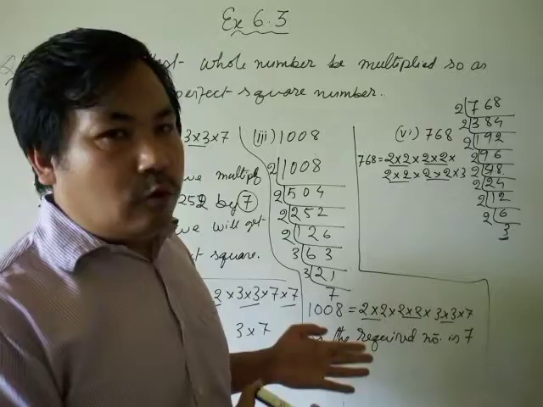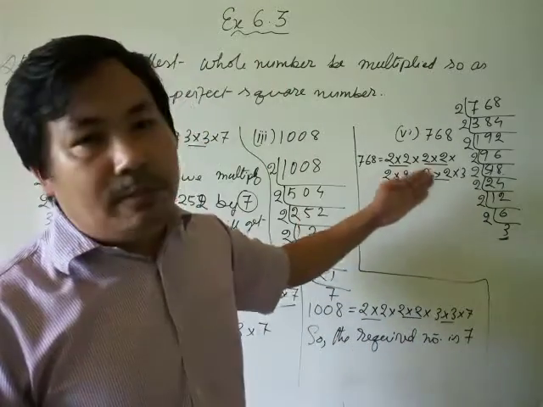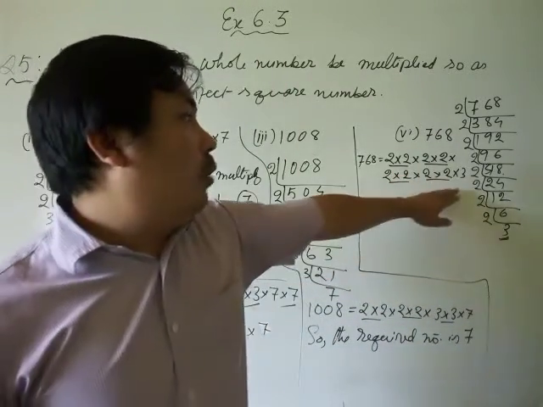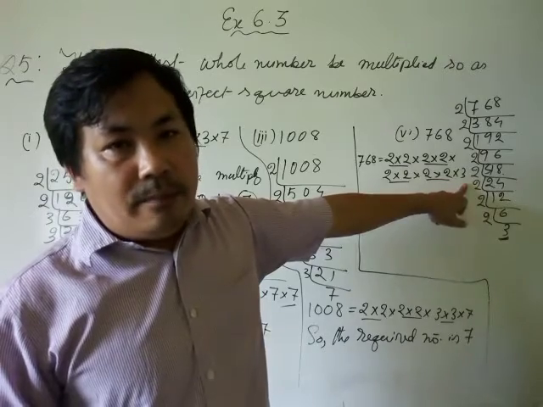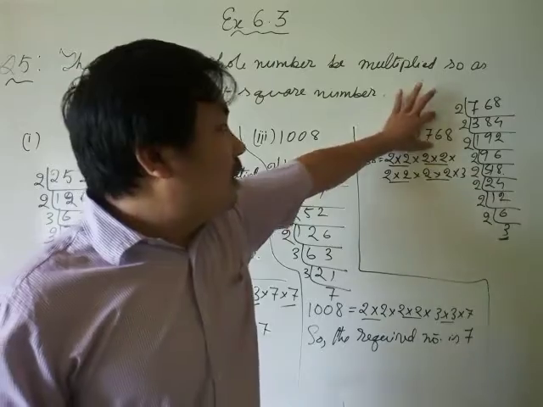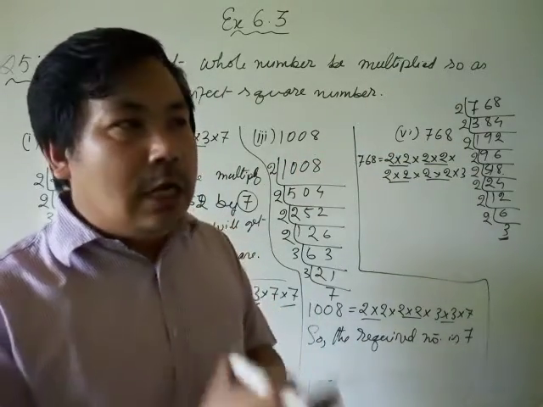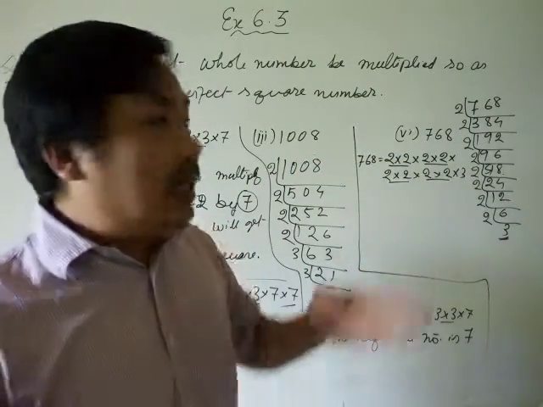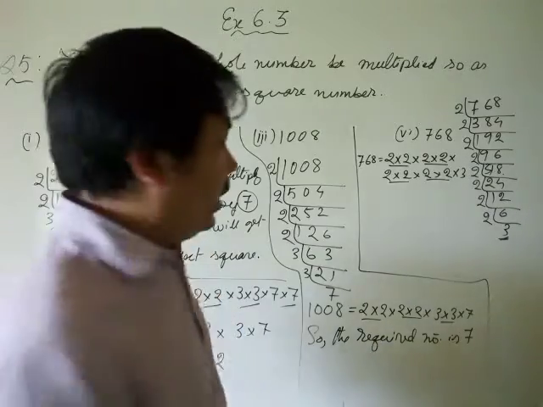So to make a perfect square, we need to multiply this 3 again, one more 3, so that we get a pair of 3s and we get the perfect square, isn't it? So the required number to multiply to this number is 3. The smallest whole number to multiply here is 3, so that the number can be a perfect square.